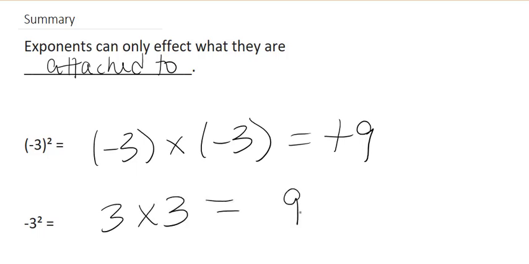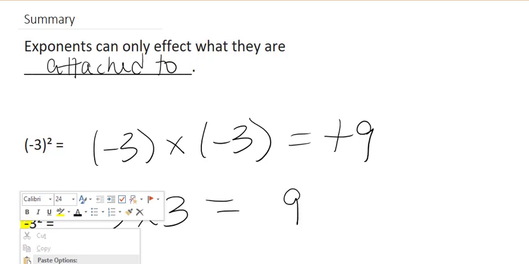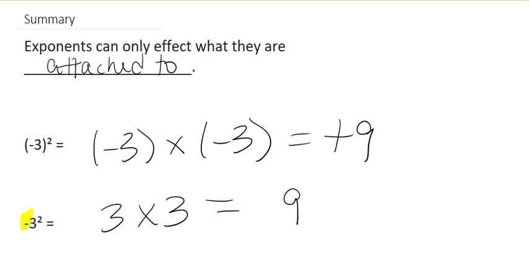But because that negative sign is in front of that 3, we have to make sure we include it in our solution. So therefore, our answer is negative 9. Both these numbers, one positive and one negative, look essentially the same.